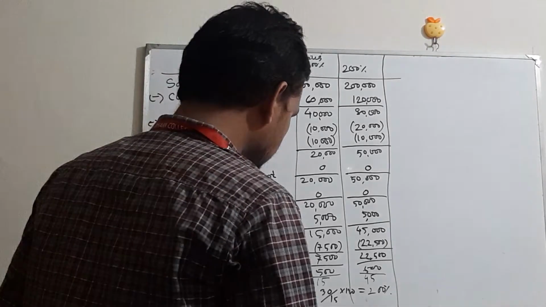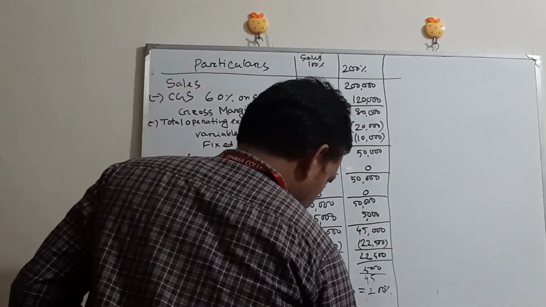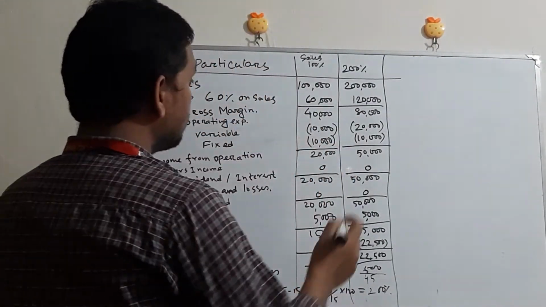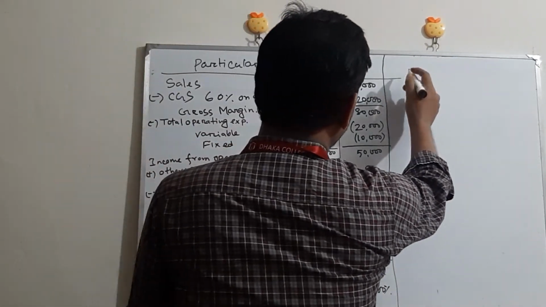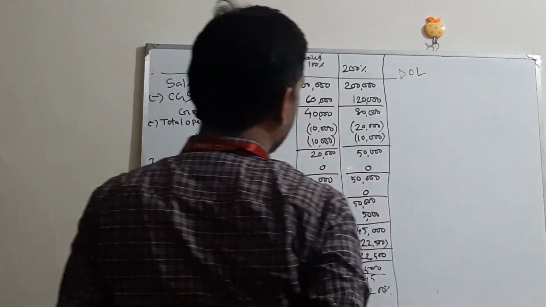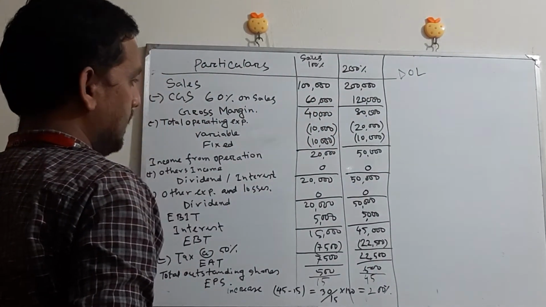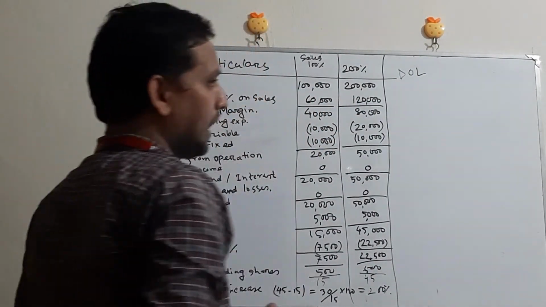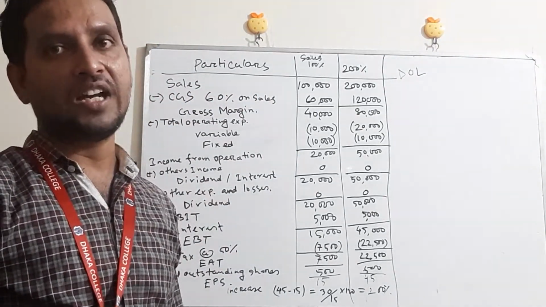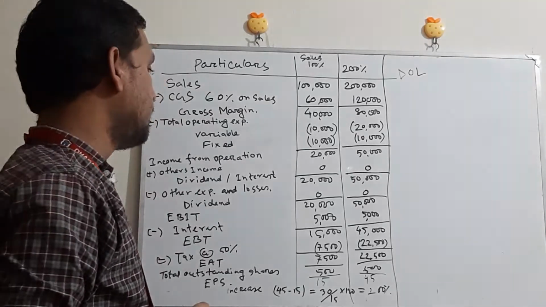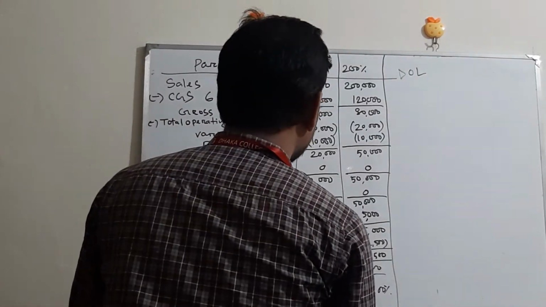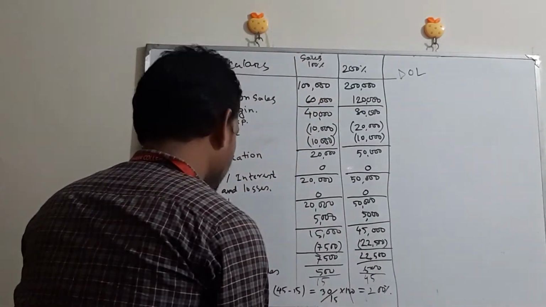Okay, dear students, now we see some clauses. DOL means degree of operating leverage. Okay, so what is the degree of operating leverage?